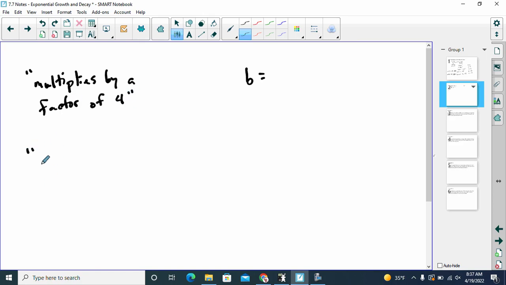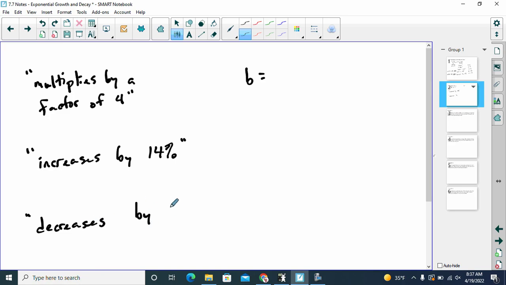If it says it increases by 14%, or if it says it decreases by 2.8%. For each of those circumstances, I want you to decide what you think the b value is going to be. Write those down, and then in a minute we'll talk about it.